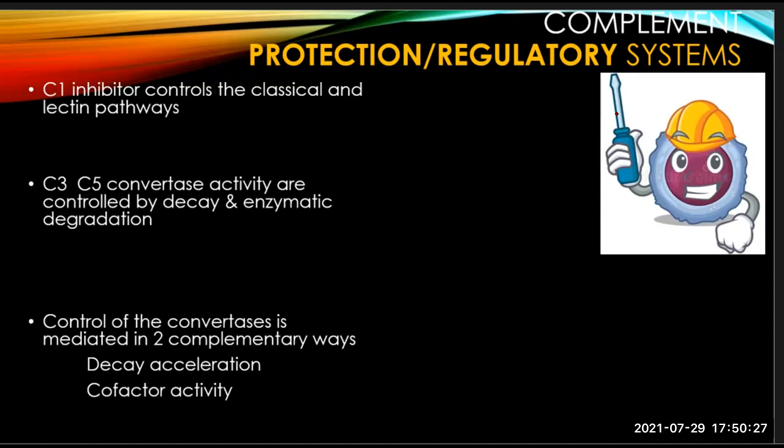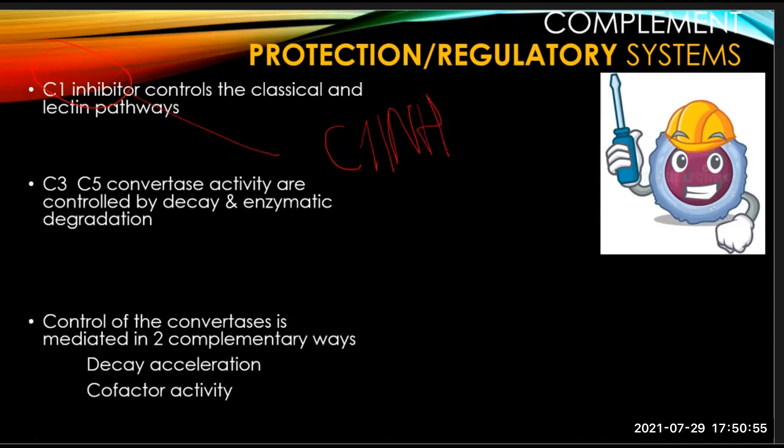In the complement system, we need to defend it through a regulatory system to prevent or inhibit uncontrolled activation, and again to protect cells from attack. So we have the following: C1 inhibitor controls the classical and lectin pathways. Some books abbreviate this as C1INH.